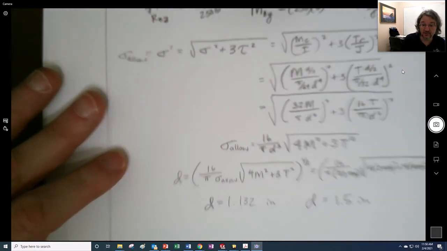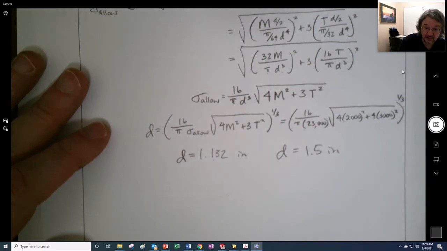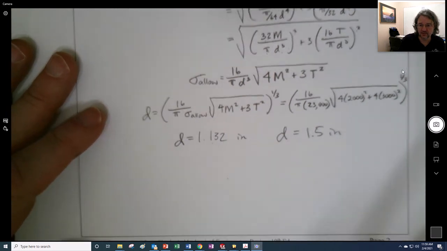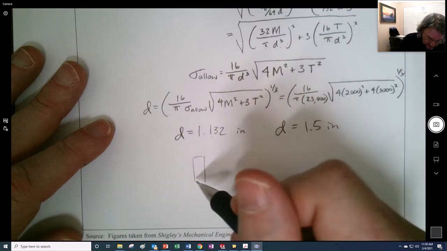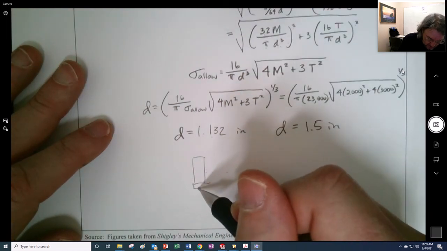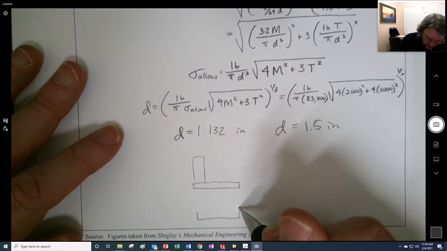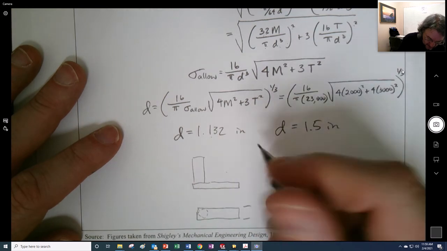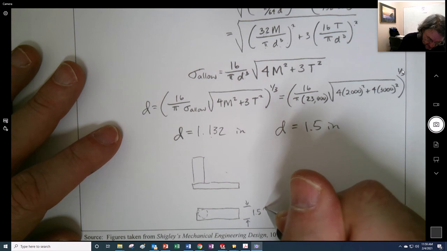Perhaps what we want to do now is make a drawing that shows all of these things, so we can present it to whoever's going to build the thing. Quite often our deliverable will be some type of sketch. We'll ghost that in there, and we will say that this is our 1.5 inches.